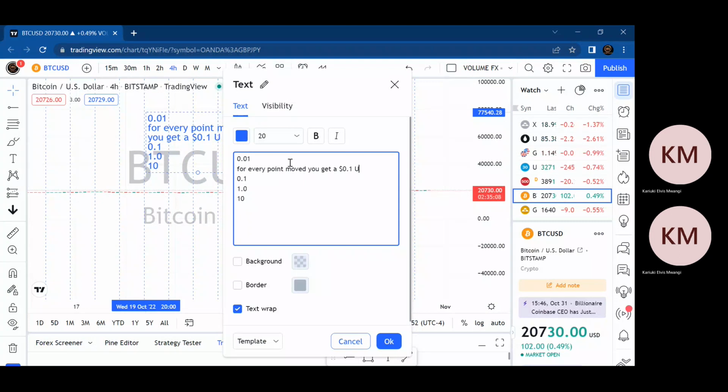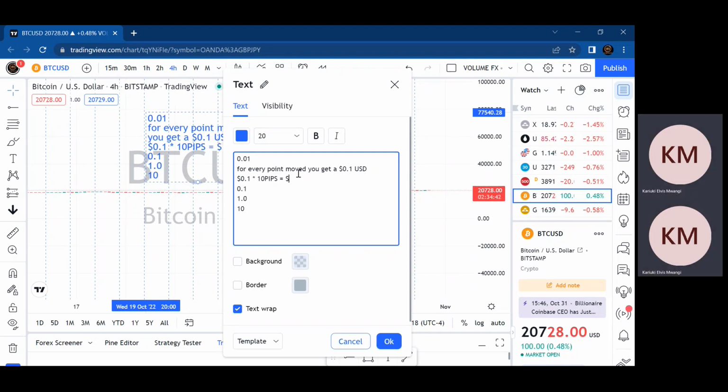For example, if for every pip I'm getting 0.1, what about 10 pips? For 10 pips, you're going to get $1.